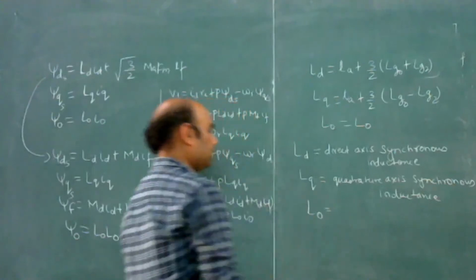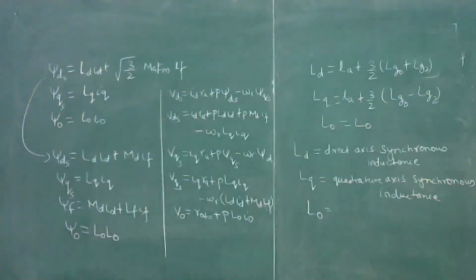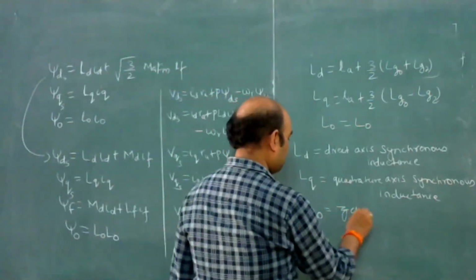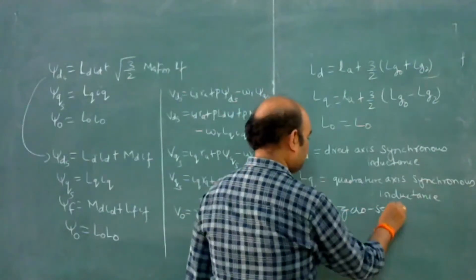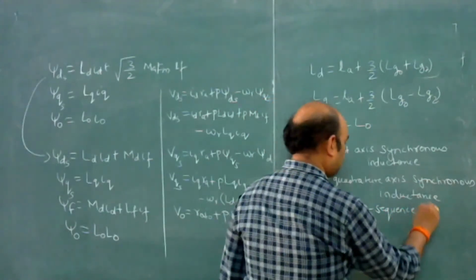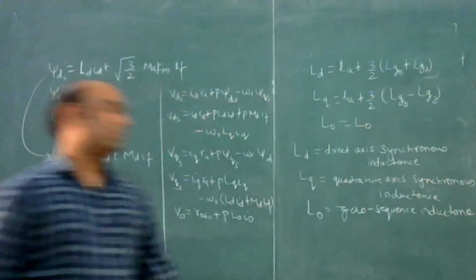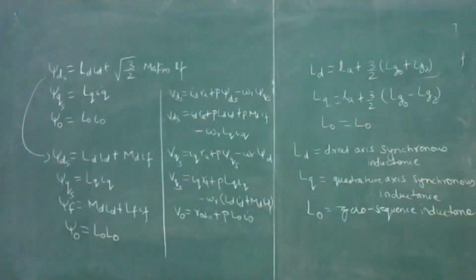And L naught is zero sequence inductance. So these are LD, LQ and L naught.